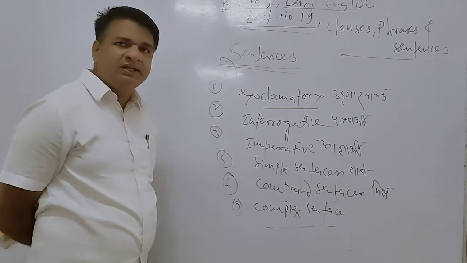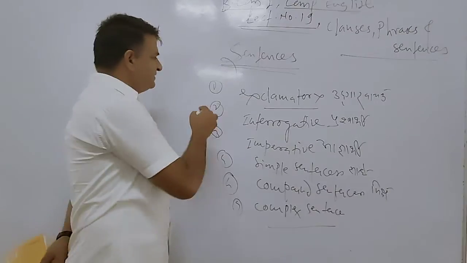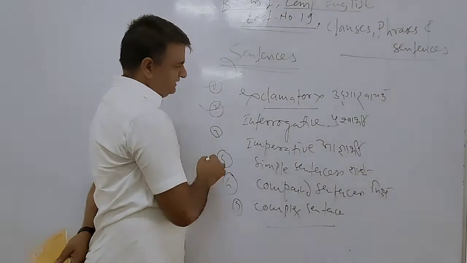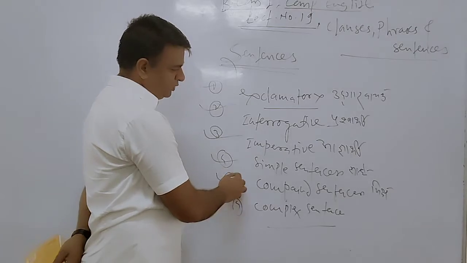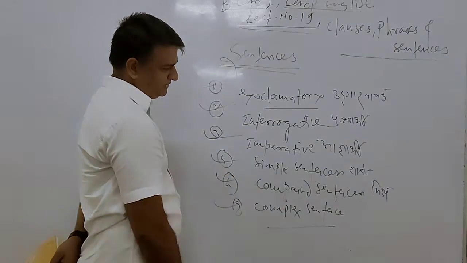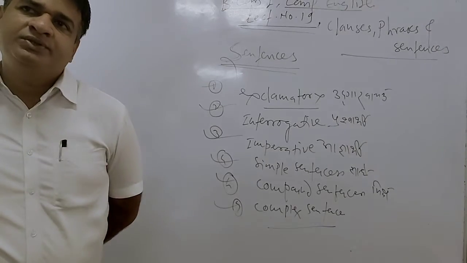So we will see some examples of exclamatory sentences, interrogative sentences, imperative types, simple sentences, compound sentences, complex sentences, and we have negative, positive, affirmative.